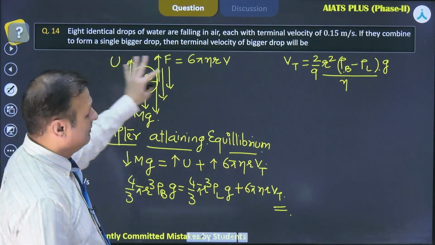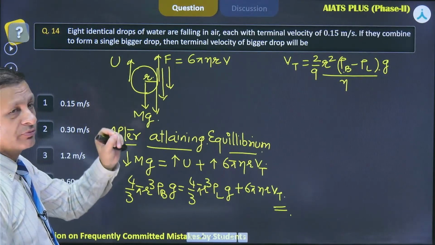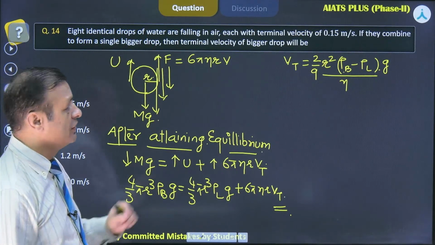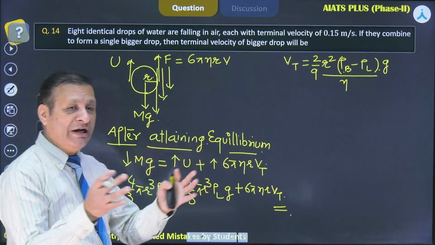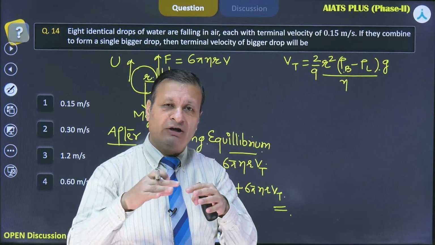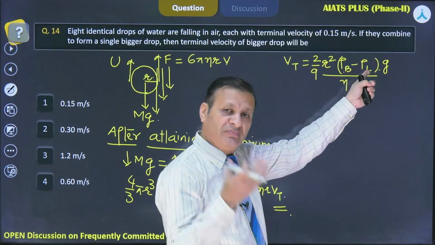Now, coming back to the same question, 8 identical drops of water are falling in air, each with a terminal velocity of 0.5 meter per second. If they combine to form a bigger drop, the density of the drop will remain the same.